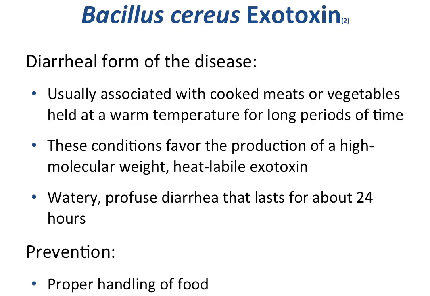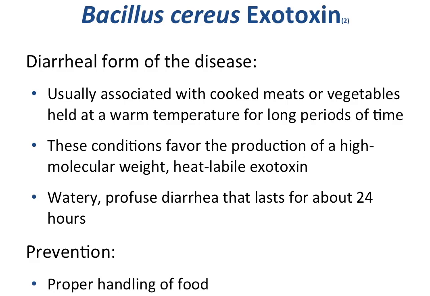The diarrhea form of this disease is associated with meat and vegetables kept at a warm temperature for a long time. This is induced by a heat labile toxin.